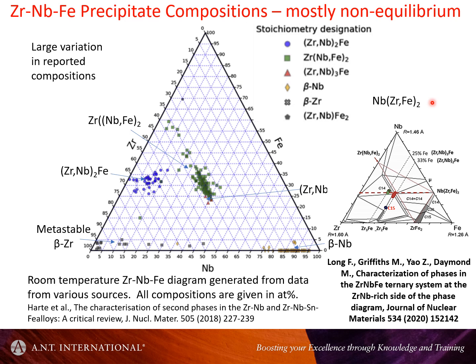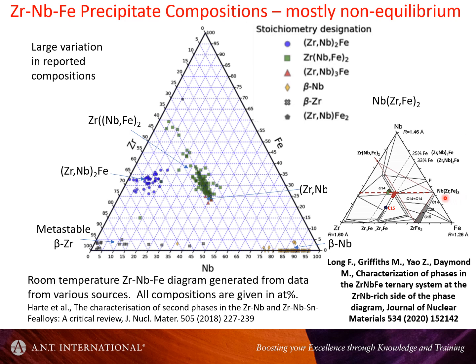So niobium itself is a strong Laves phase producer. The common Laves phase in niobium iron alloys is NbFe2, which is a C14 hexagonal close packed structure, whereas ZrFe2 is an FCC structure.